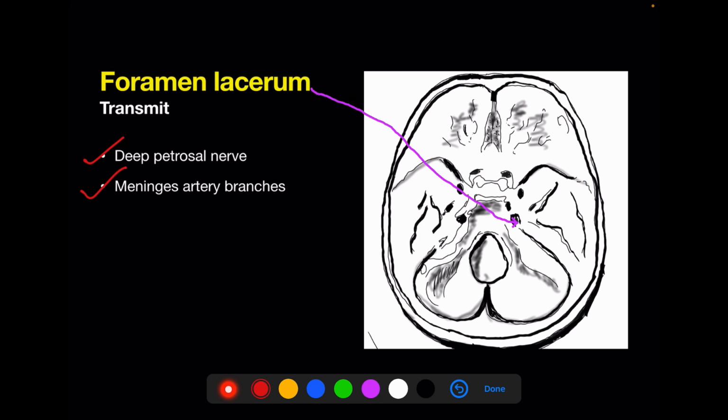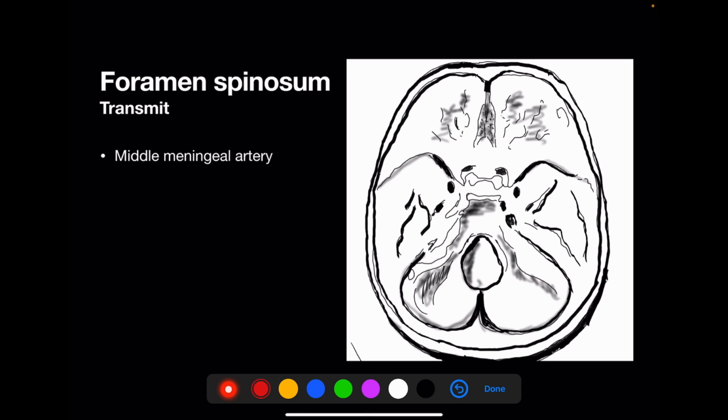Now we're coming to our next and the last part of middle cranial fossa, that is foramen spinosum. It is here. Here is your foramen spinosum.